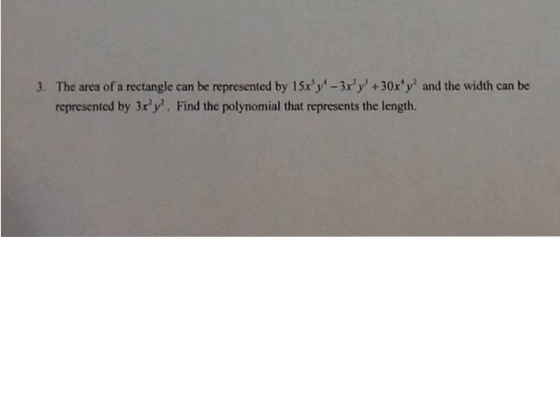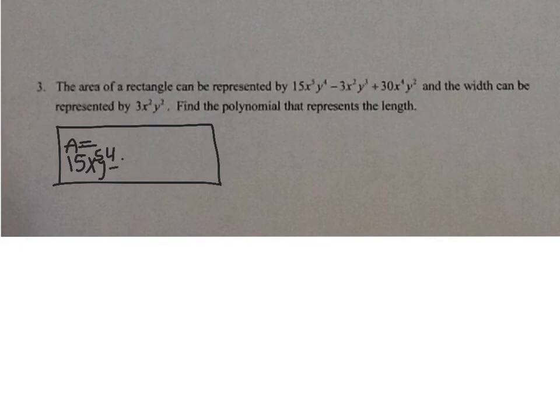Okay, so let's draw a picture here. And you have the area, right? So you have that middle piece already, right? So area equals 15x to the 5th, y to the 4th, minus 3x squared, y to the 3rd, plus 30x to the 4th, y squared.